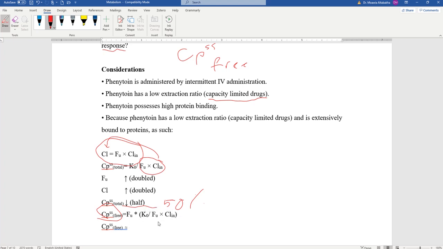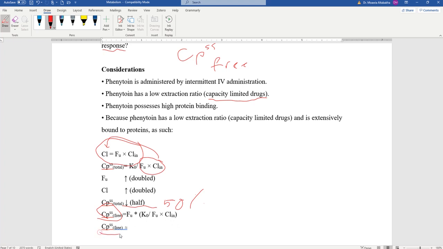Okay, CPSS total, what happened to the CPSS total? It became half. Right? CPSS total is 50% of the original. But the fraction unbound is doubled. So it's like saying 2 multiplied by half CPSS. What happens? It becomes 1 CPSS.